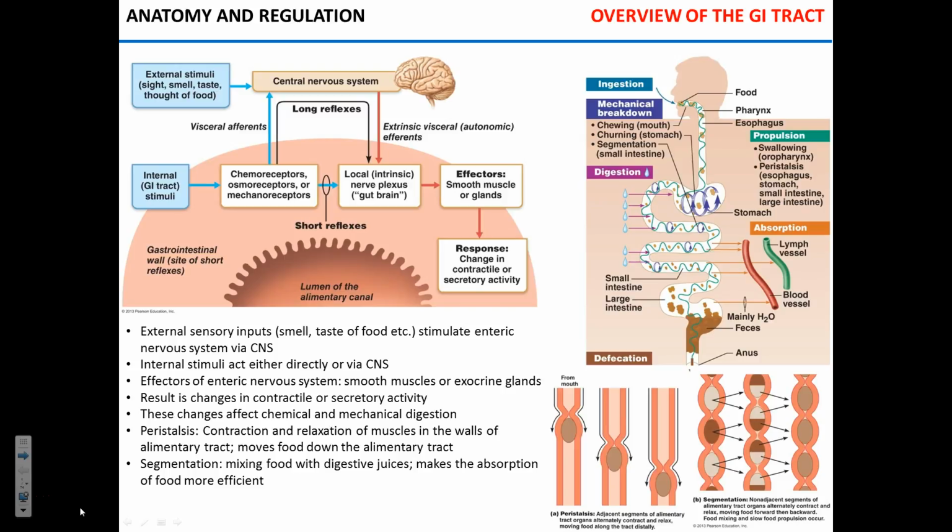Okay? What about GI? What's the main function of the GI? Why do we need it? So digest food, that's number one. What's number two? Absorb nutrients. Well, technically, kind of. What's number three?